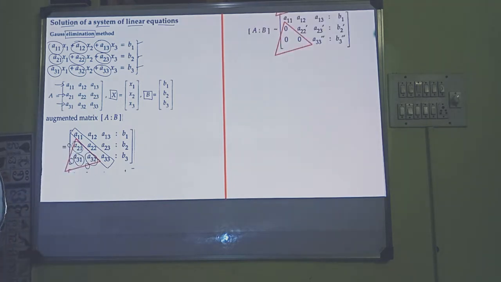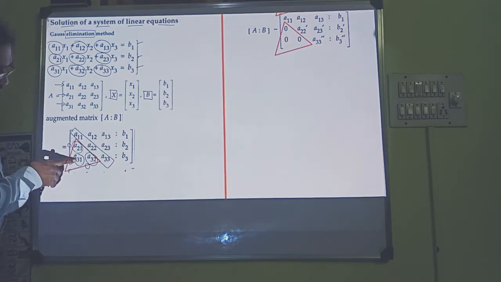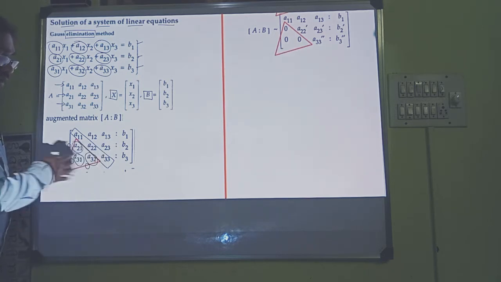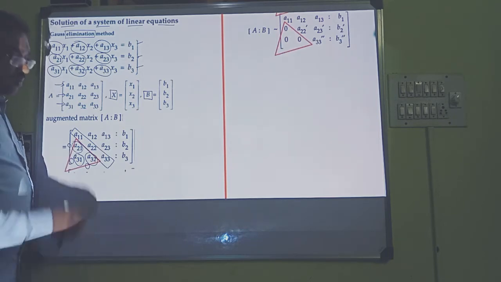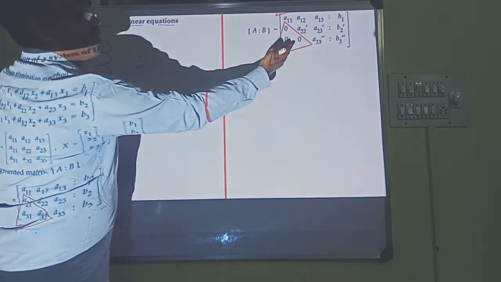Now if you apply row operations, we know how to make these two elements 0 and how to make this element 0. By applying elementary row operations, we can bring these elements to zero. Once you make these elements zeros, your matrix will look like this.